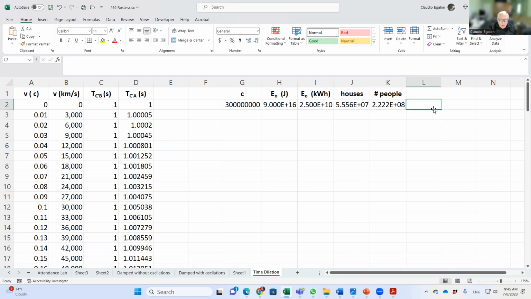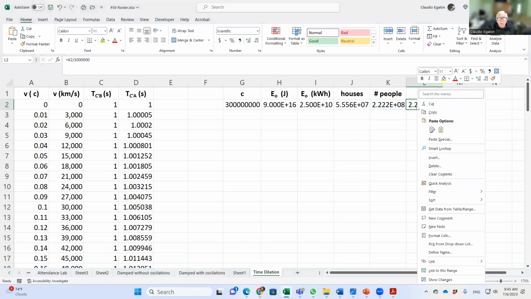We can even divide that by 10 to the 6, 1, 2, 3, 4, 5, 6. And that's the population of Brazil. United States, more, 300 millions.